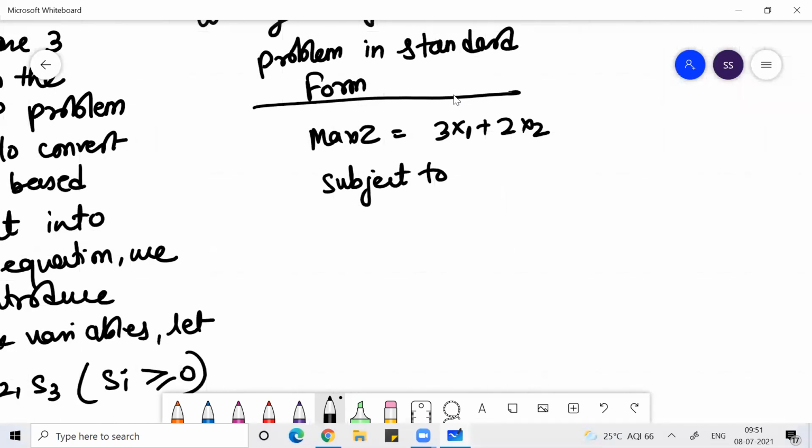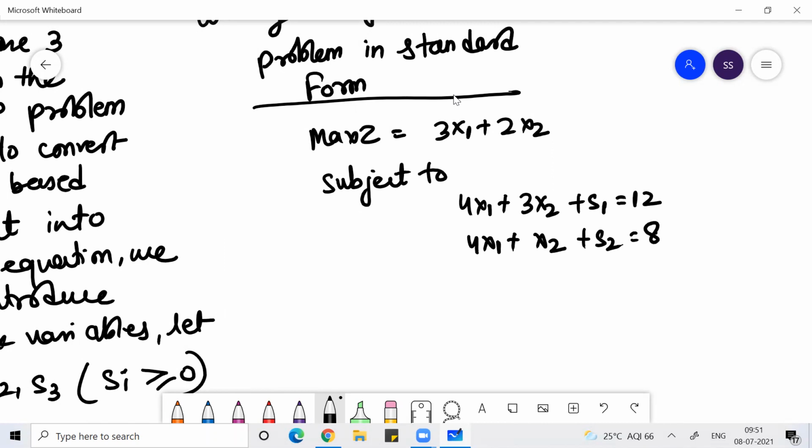So we'll write the constraint as 4x1 plus 3x2 plus s1 equal to 12. The second constraint you'll write is 4x1 plus x2 plus s2 is equal to 8. The third constraint you will write is 4x1 minus x2 plus s3 is equal to 8.